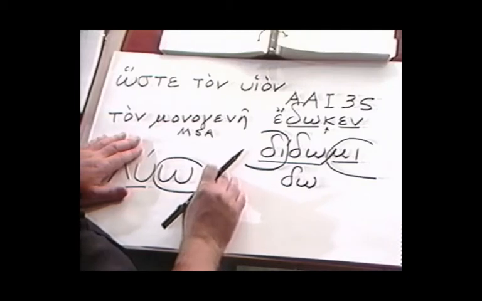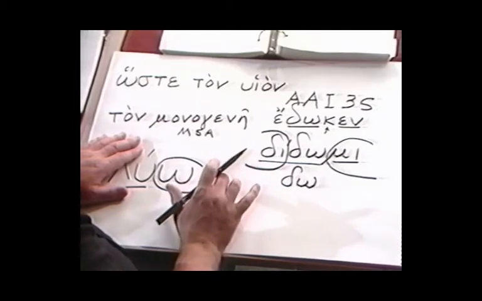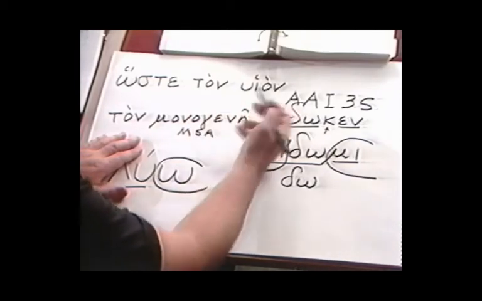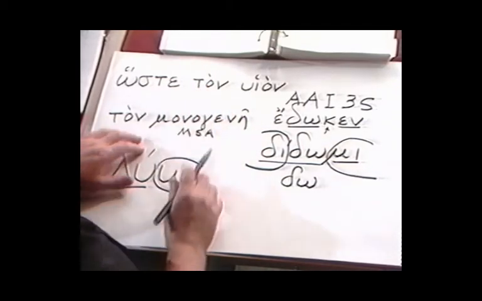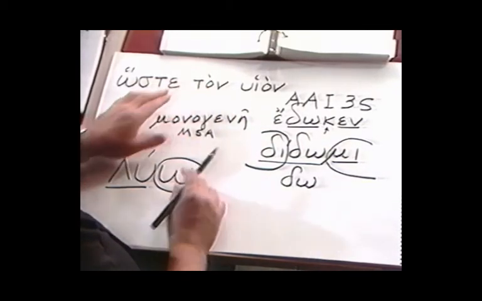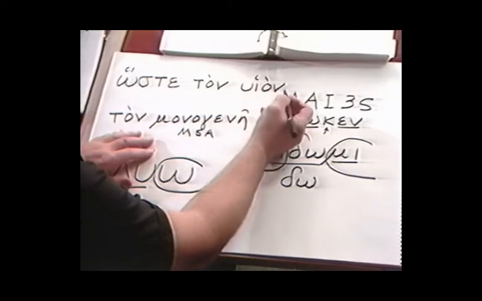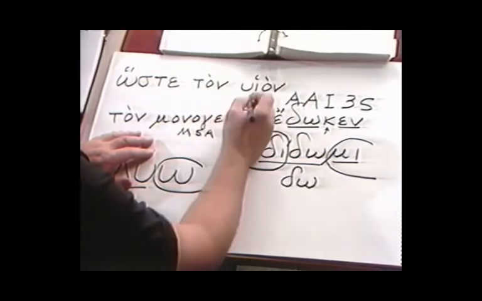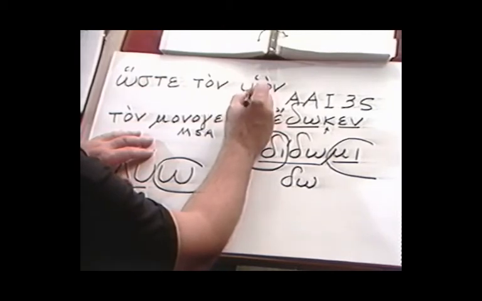Let's see what it is he gave. Now remember, when we ask the question what or whom, we're looking for the direct object. Well, we see the words ton huion without a preposition in front of them. How do you parse the word huion? Well, learning from your vocabulary or looking it up in a dictionary, we know it's masculine.